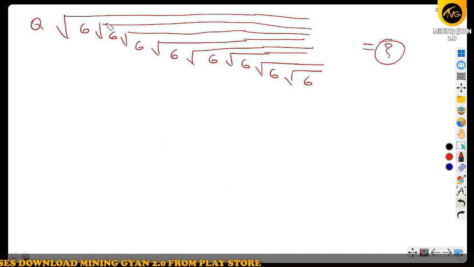Now the last one is under root 6, under root 6, under root 6, under root 6, and this goes on 1, 2, 3, 4, 5, 6, 7 and 8 times. Now what is the answer? Again, similarly, we have to use the same formula to find the answer. X power 1 minus 1 divided by 2 to the power n.